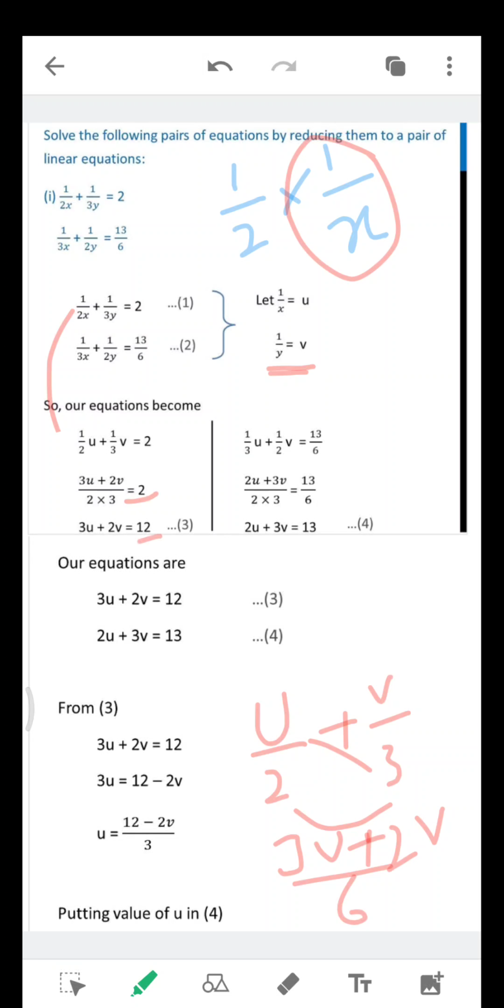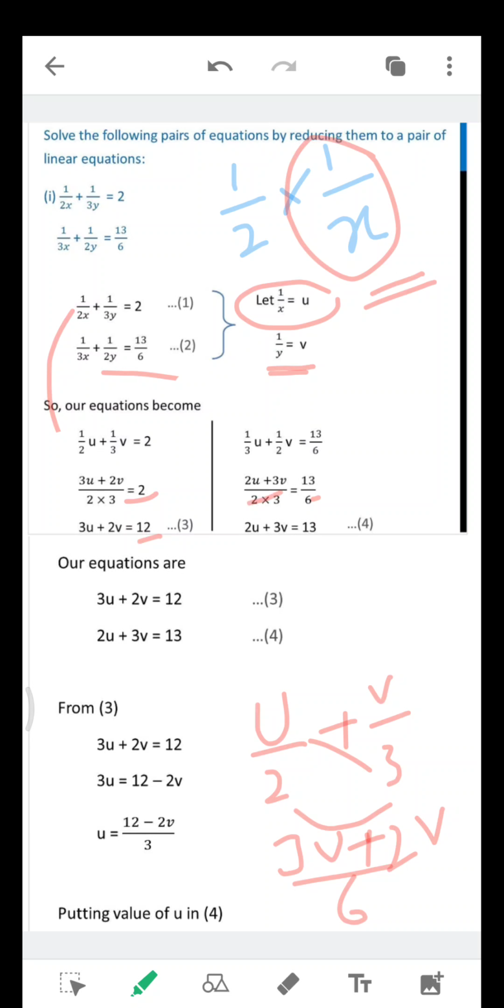Similarly in the second equation, 1 by 3x becomes 1 by 3 into u, because 1 by x is u, and 1 by 2y becomes 1 by 2 into v, is equal to 13 by 6. Now if I find the LCM here also, the LCM is 6, and cross multiplying, 2u plus 3v is equal to 13 by 6. I can cancel this 6 and this 6, so 2u plus 3v is equal to 13.